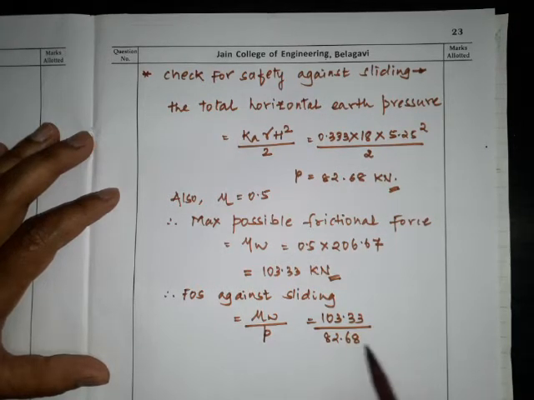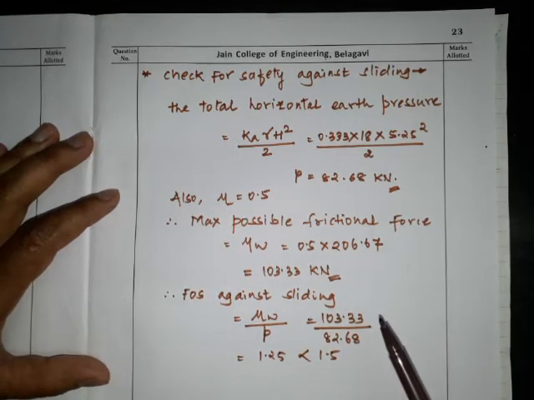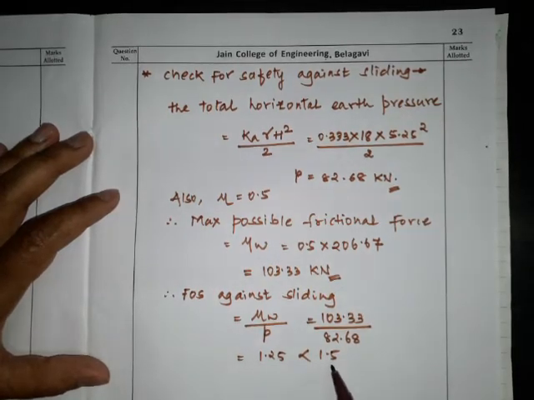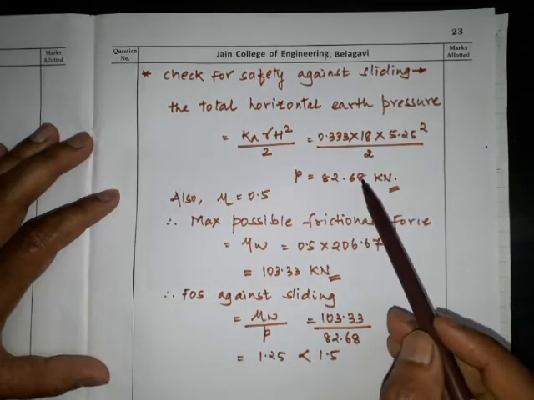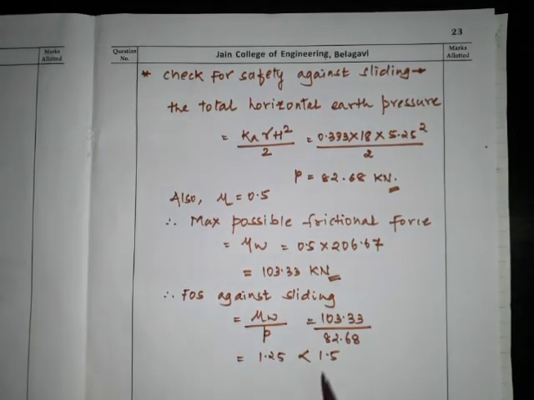So the factor of safety we got is 1.25, which is less than 1.5. What does it mean? The frictional resistance should be more than the horizontal earth pressure by at least 1.5 times. But here it is less than that.